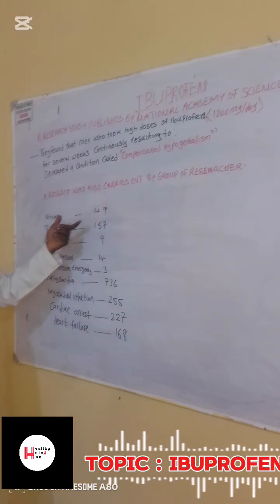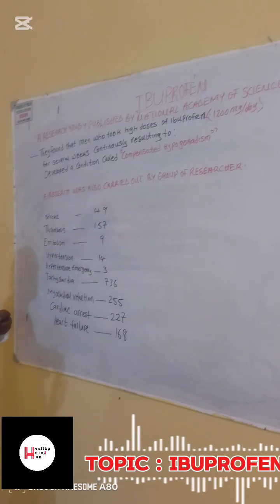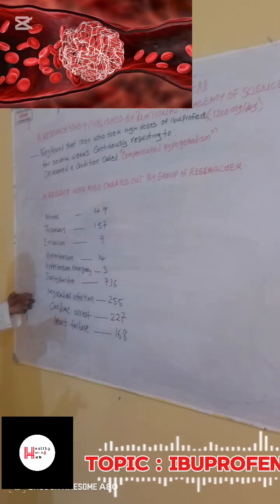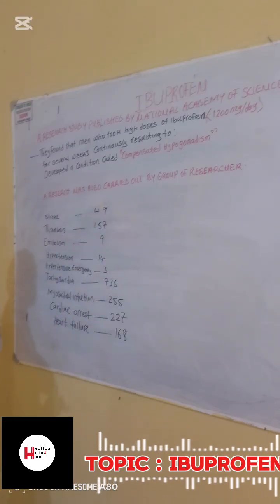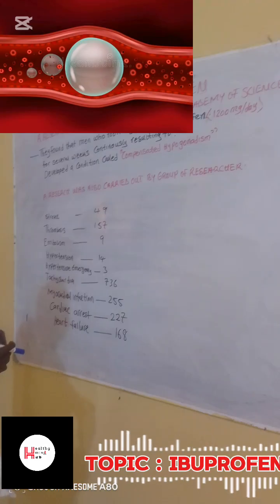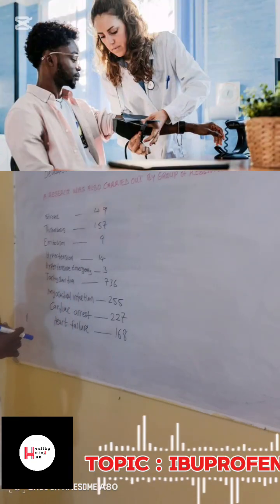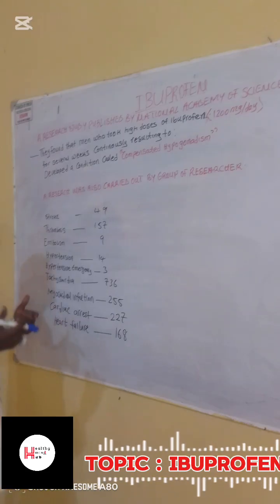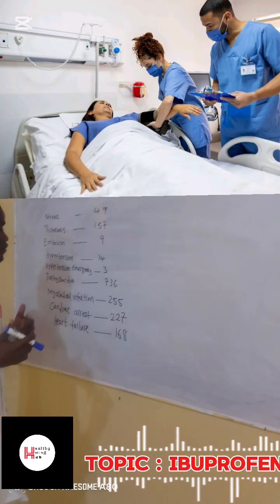We have stroke, with 49 cases reported. We also have thrombosis, which is clot in the blood vessels, with 157 cases reported. We also have embolism, 9 cases. Hypertension, 14 cases. We have hypertensive emergency, 3 cases.